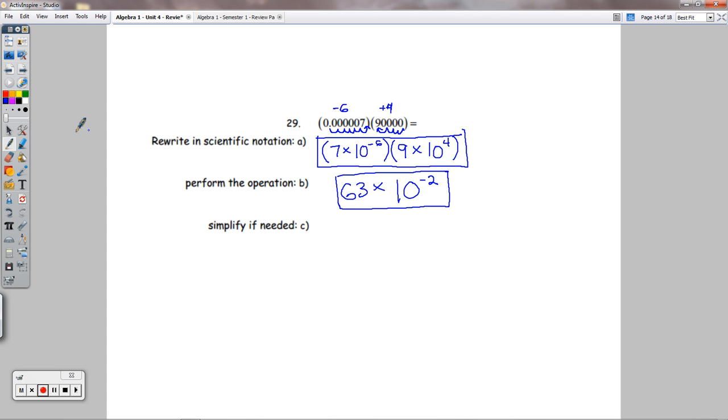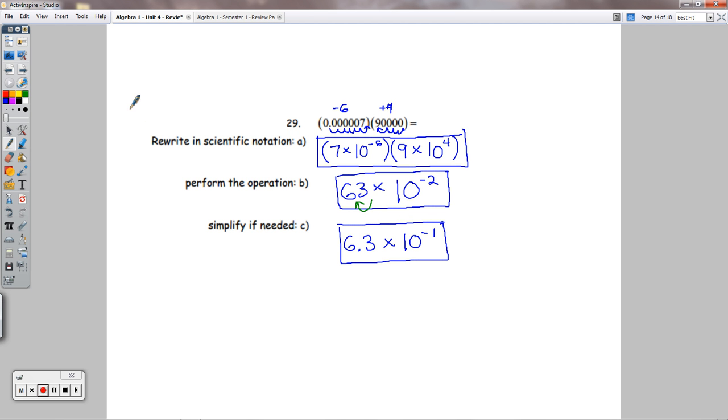And then we want to move that decimal from here to there in final scientific notation form. So we would have 6.3. Moving to the left means we add 1 to the power. So negative 2 plus 1 would be negative 1. That is the number in scientific notation.